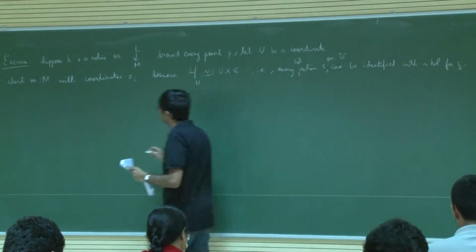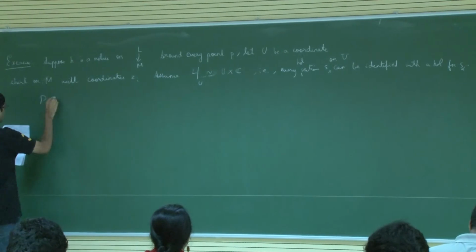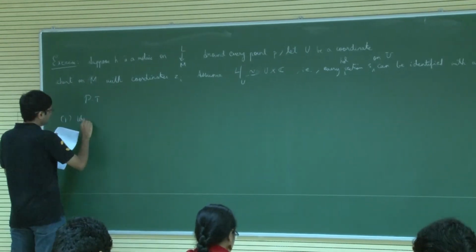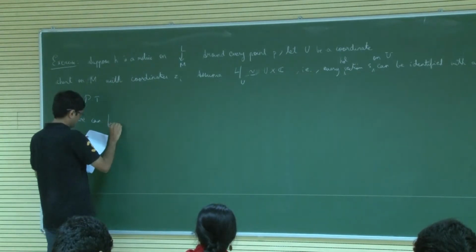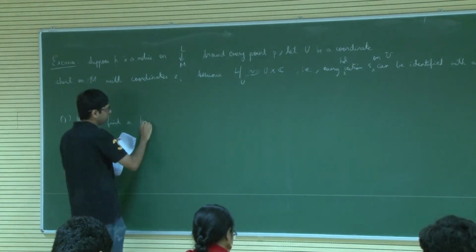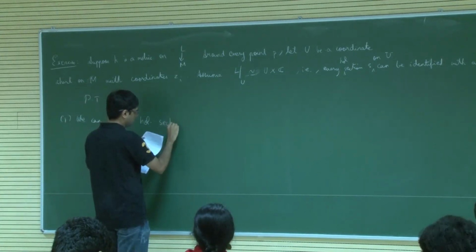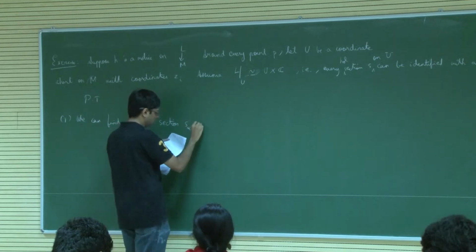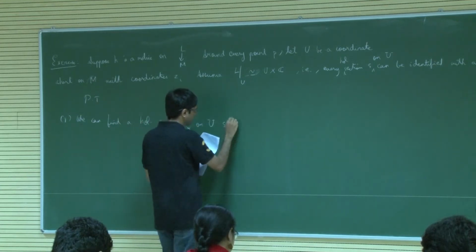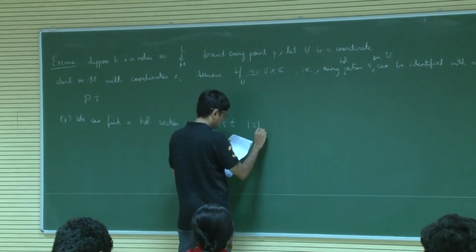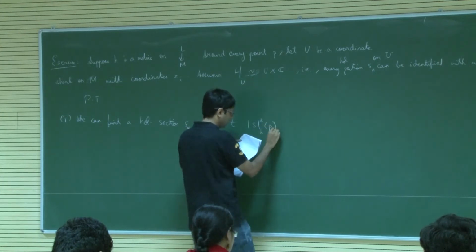Prove the following. We can find a holomorphic section s alpha on U such that mod s, H squared, at P is 1.